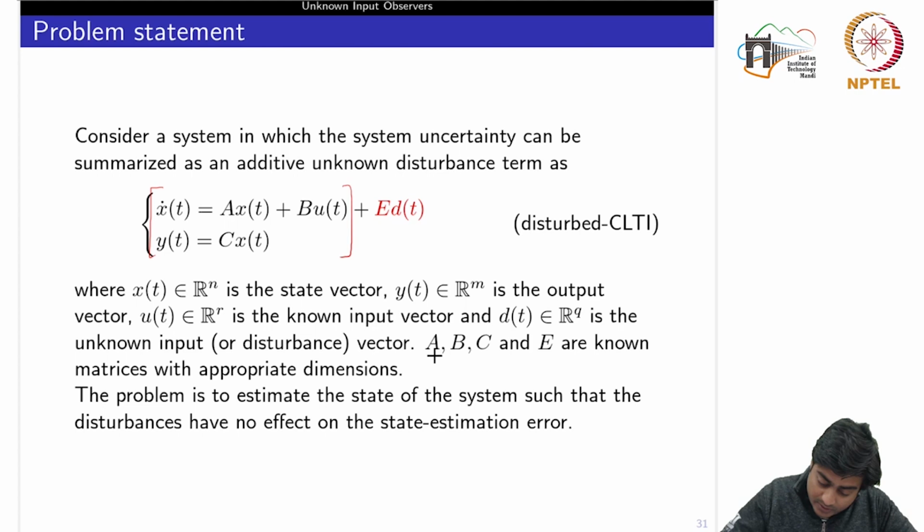But we have the information of the matrices A, B, C, E, which are known to us, having appropriate dimensions. So the problem we want to solve is to have the estimate of the state of the system such that the disturbances have no effect on the state estimation either. This formulation, which we have labeled as disturbed CLTI, is pretty much a generic formulation.